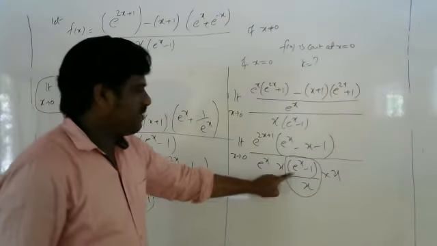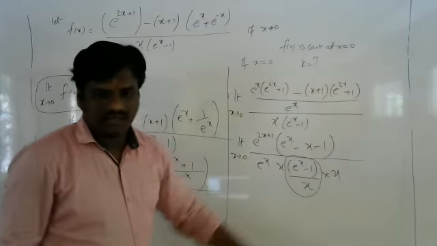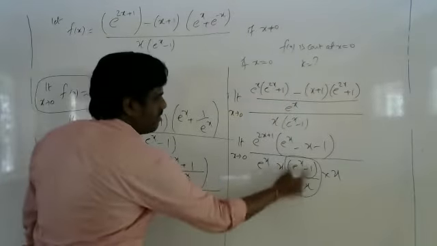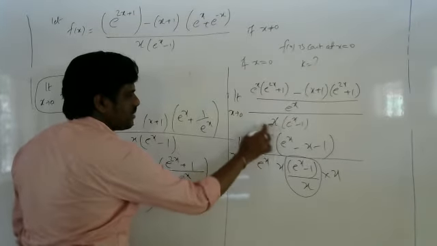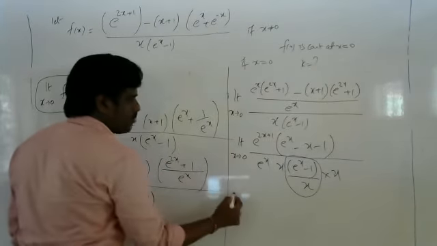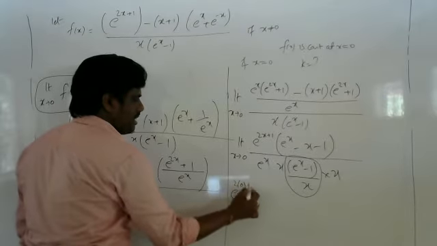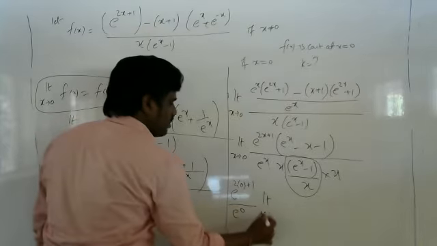I am dividing by x and multiplying by x. If I substitute the limit here, that is not going to spoil it, so e power 2 into 0 plus 1 upon e power 0, limit x tending to 0.